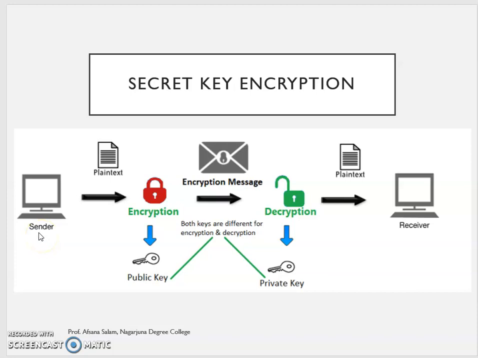Here is a sender, here is a plain text. I am sending you the plain text ABCDEF. So this is encryption, and the encrypted message is E, F, B, D. And when I'm using a key and converting that back into plain text, that becomes your phrase. So the receiver gets it as a phrase when they use the key.